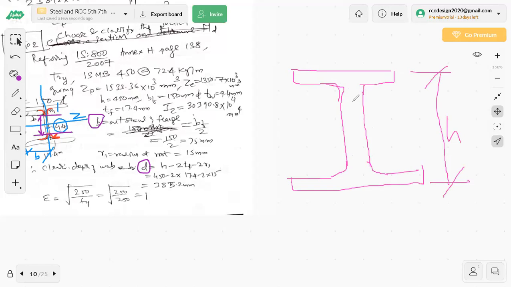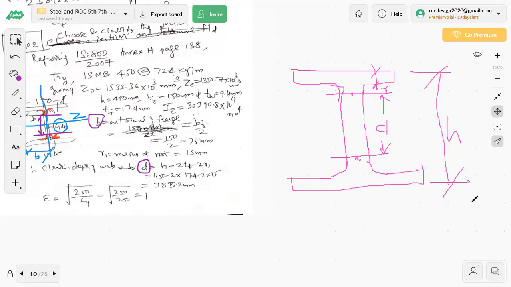Then I want something which is called a small d. I want this height. This is d. In order to decide whether the section is plastic or whatever, you have to subtract H minus thickness minus radius.